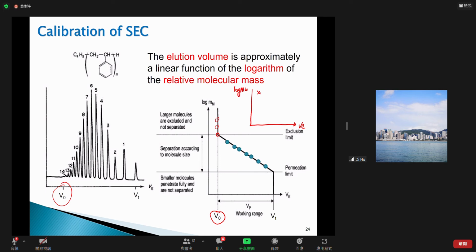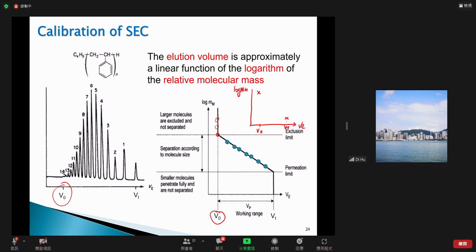It is totally excluded, so this corresponds to V0. In my calibration curve, I also have something really small. For anything smaller than that, they get the same elution volume, which is VT. So I got something here, and that corresponds to VT.